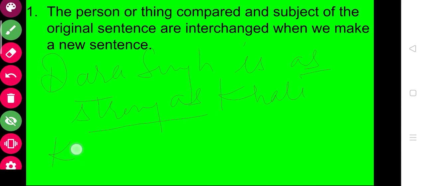If we want to write it in the comparative, we have to bring Khali to the first place: Khali is not stronger than Dara Singh. That means they can be equal but Khali cannot be more than that. This is the thing that you need to remember at the first go, what we do as a change.